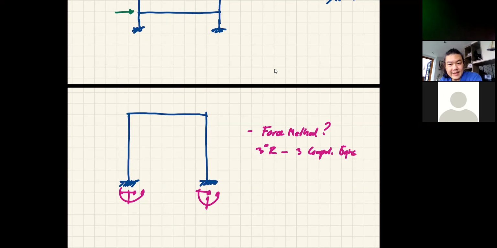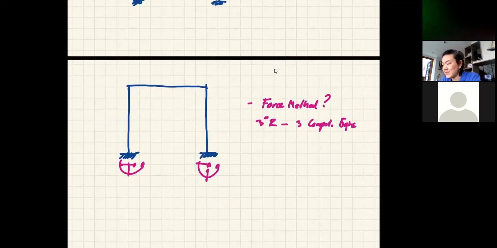Okay, and it's not going to be that straightforward. And this is just an example of a frame with 1 floor and 2 columns. So let's say, what if you have a system like this?